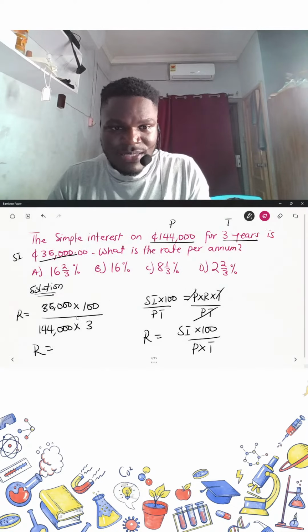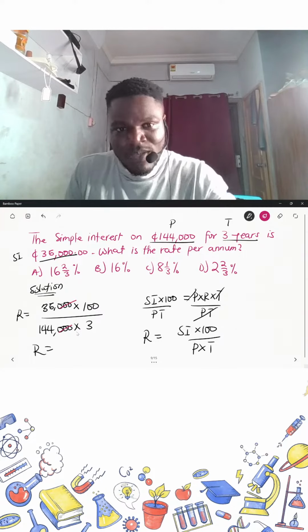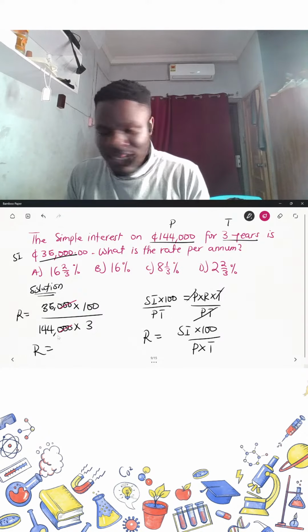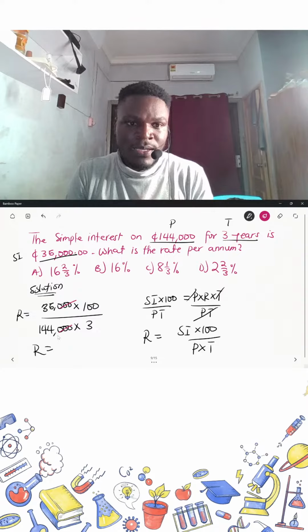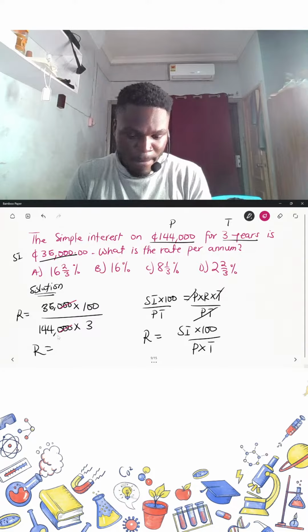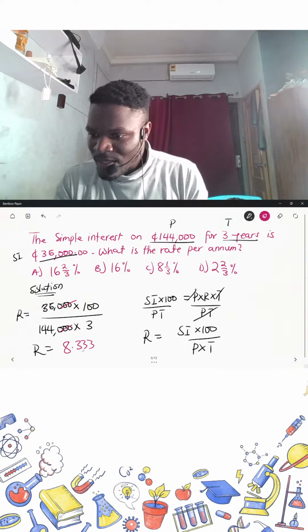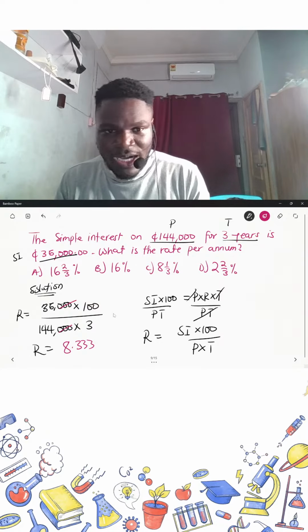Me, I love to cancel out. So these 3 zeros will cancel these 3 zeros. I have 36 multiplied by 100 divided by 144 multiplied by 3, and that will give me 8.333, just like Brian has it in the live chat, and just like Diamond correctly predicted.